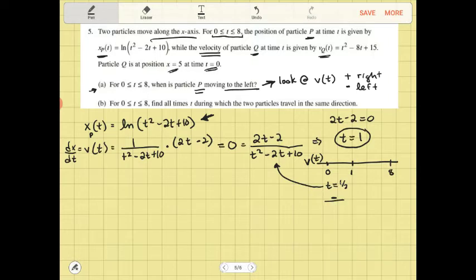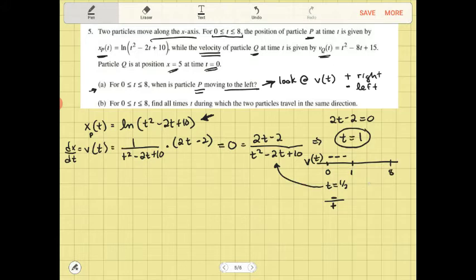And if I plug in half in the denominator, then I'll get 1/4 minus 1, which is a small negative number, plus 10. So that's going to be a positive number. So negative over a positive gives us a negative. So the particle is moving to the left between 0 and 1.